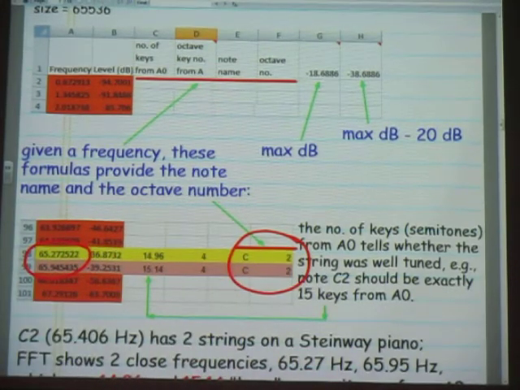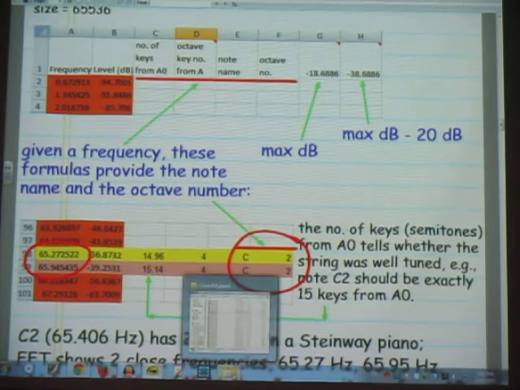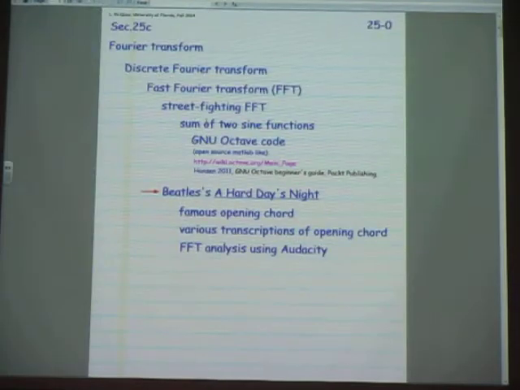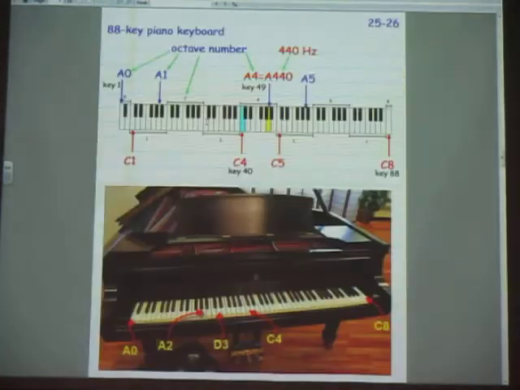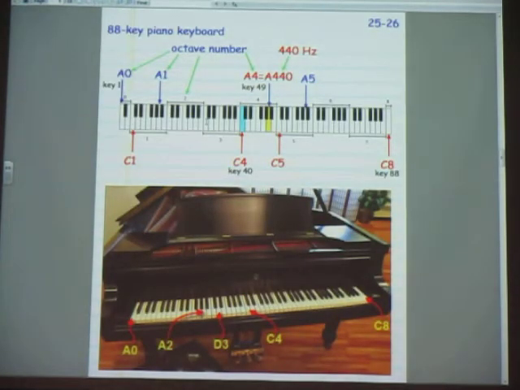Okay, so let me bring up section 25C to show you. Right, so this gives you some idea.